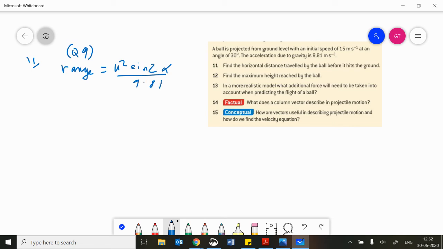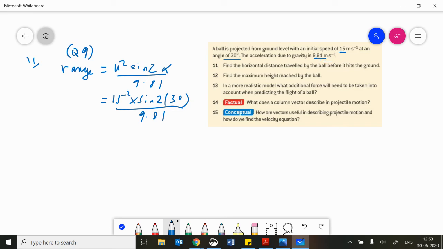Now, if you substitute in your two values, 15 and the angle of 30, we've got 15 squared times sine of 2 lots of 30 degrees. Make sure that your calculator is in degrees, and divided by your 9.81. That's 9.81 from the model which we've developed.